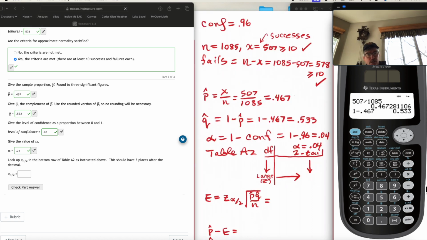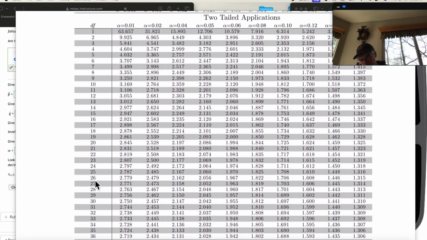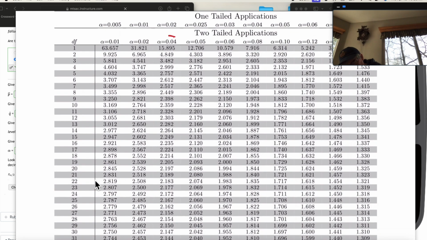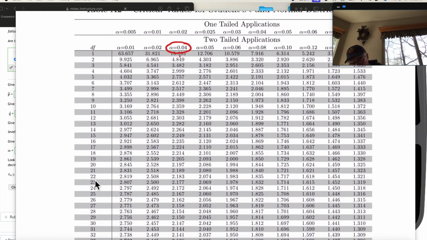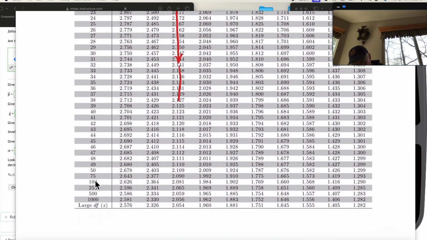All right, so we are going to go on up with a 0.04, 2 tail. Let me just bring that down. So here's 0.04, 2 tails. Remember, it's under 2 tails, bottom row. Okay, so right here is our z-score.